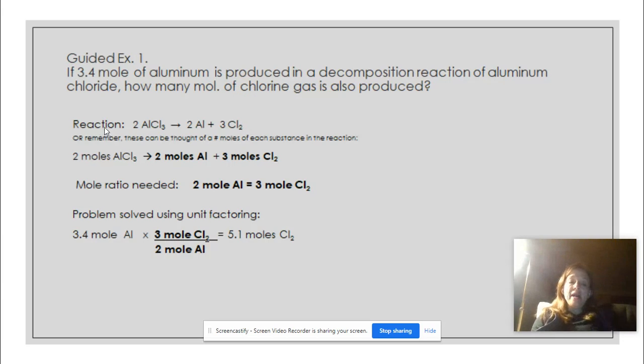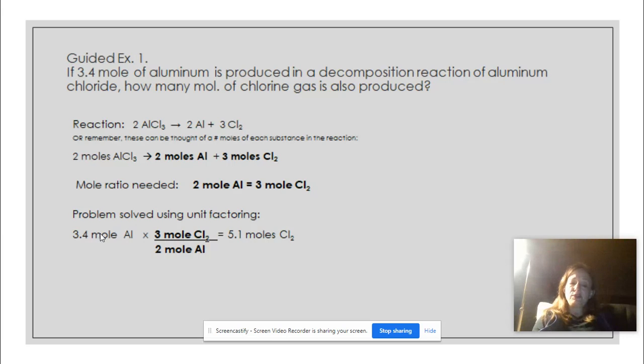So here's my reaction. 2AlCl3 yields 2Al plus 3Cl2. Here's the aluminum. Here's the chlorine. And for every 2 aluminums, I make 3 chlorines. So the ratio will be 2 to 3, or 2 moles of aluminum is produced with 3 moles of chlorine.